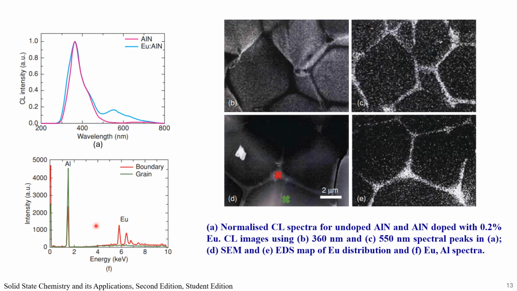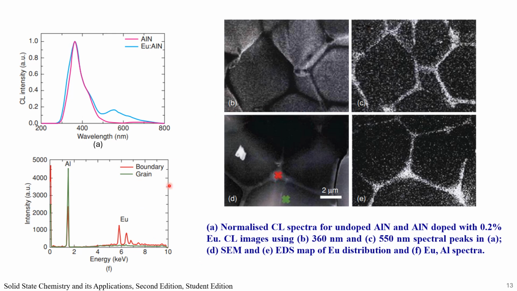The EDS spectra in F show the two regions, with a high concentration of aluminium in the grains and a much smaller concentration of aluminium in the grain boundary, but a high europium concentration.